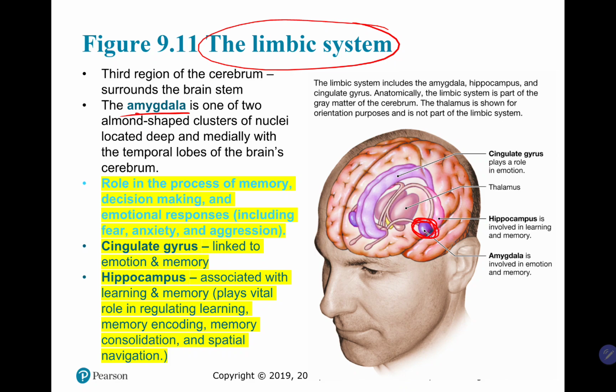Part of this limbic system is the cingulate gyrus, which is linked to emotion and memory. The hippocampus is associated with learning and memory. It plays a vital role in regulating learning, memory encoding, memory consolidation, and spatial navigation. Remember that.